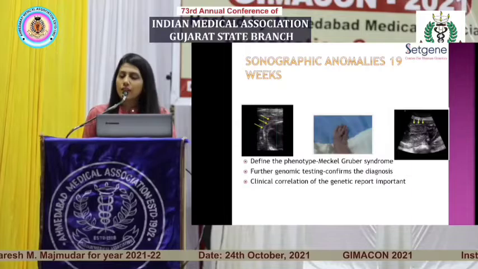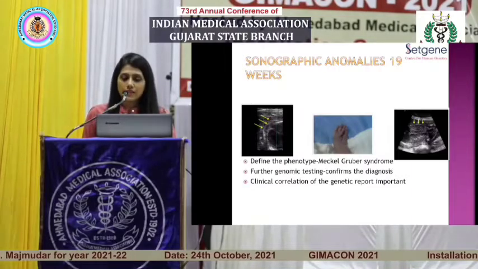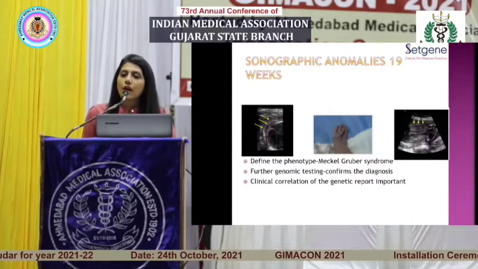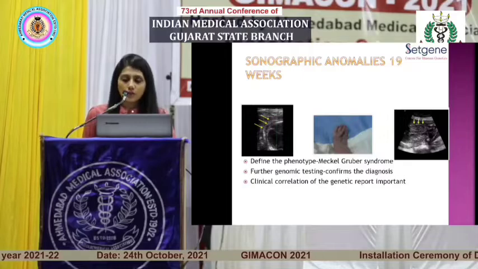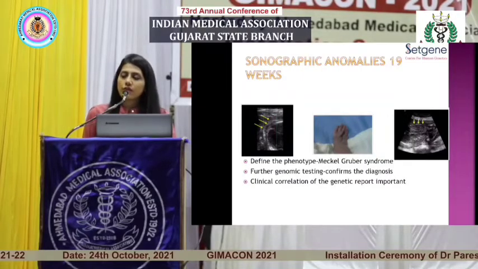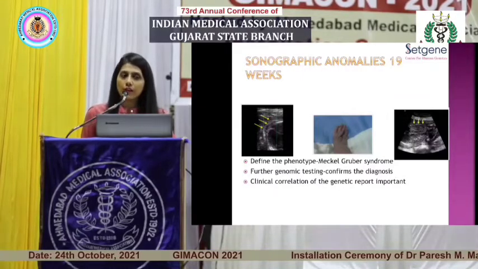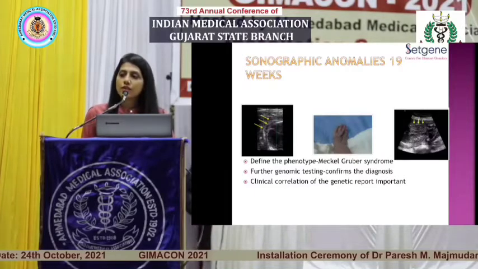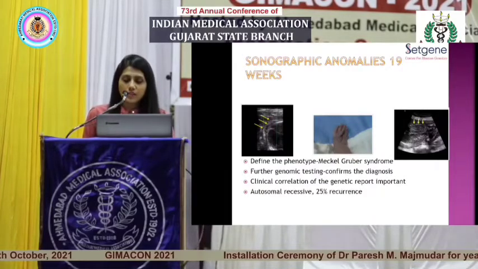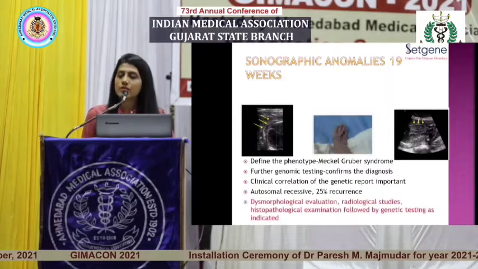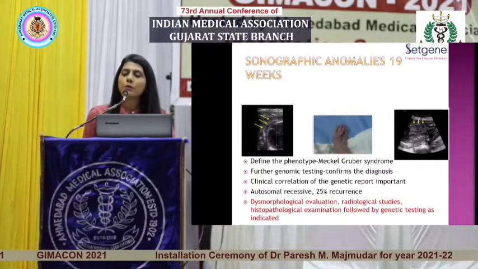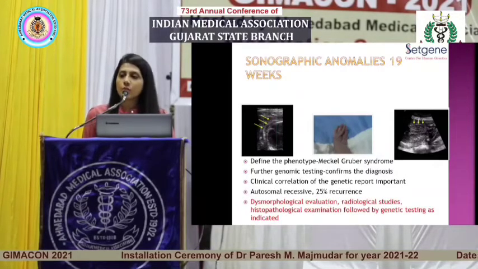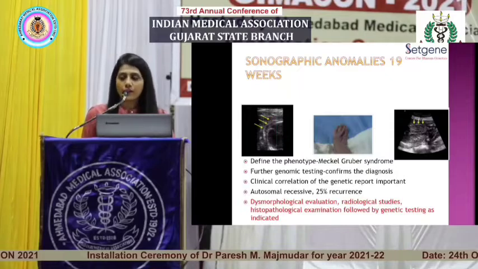So clinical correlation of the genetic test is very important. The message I would like to convey here is, whenever we have such sonographic anomalies, dysmorphologic evaluation with radiological studies, and if required a histopathological examination, should be done, followed by genetic testing if required.